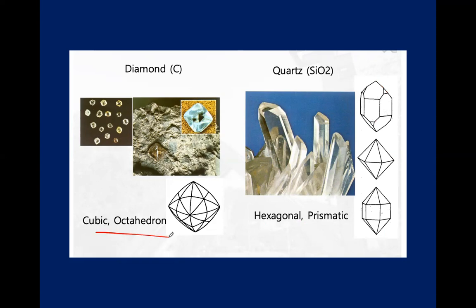So diamond, it's called octahedron type, right? Here, it's like an octahedron shape, right? You know the octahedron shape, right? Top and bottom like this, and it's three-dimensional. So this is the octahedron shape of diamond, and quartz is hexagonal but prismatic. It's elongated. We call it prismatic, right?